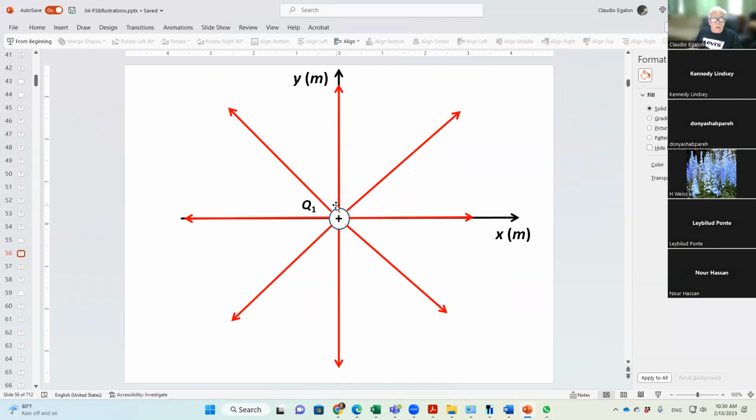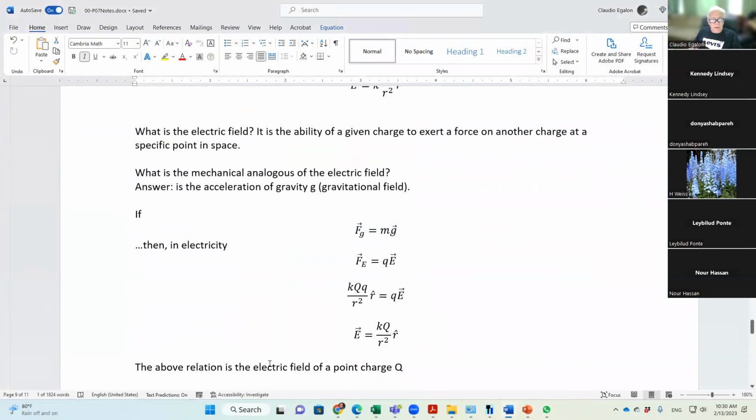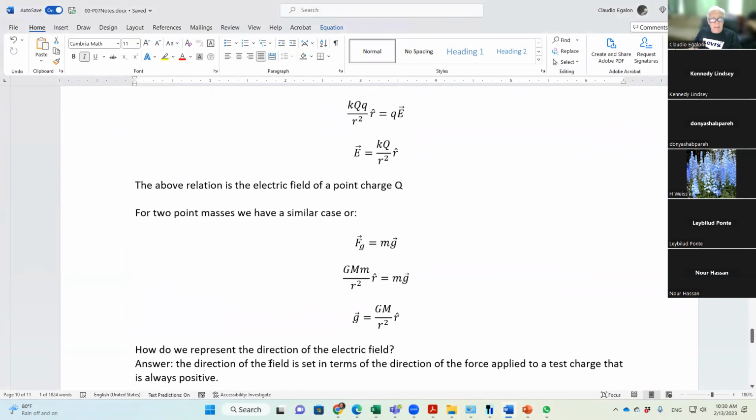Notice that those two lines are closer here than they are here. The distance here is further away than the distance here. It means that in this region, the electric field is stronger than in this region. Make sense? Okay, so let's write it down. Two different ways of representing the electric field.